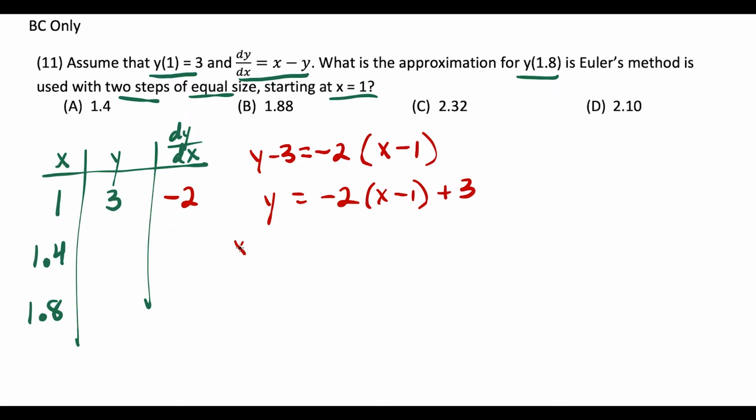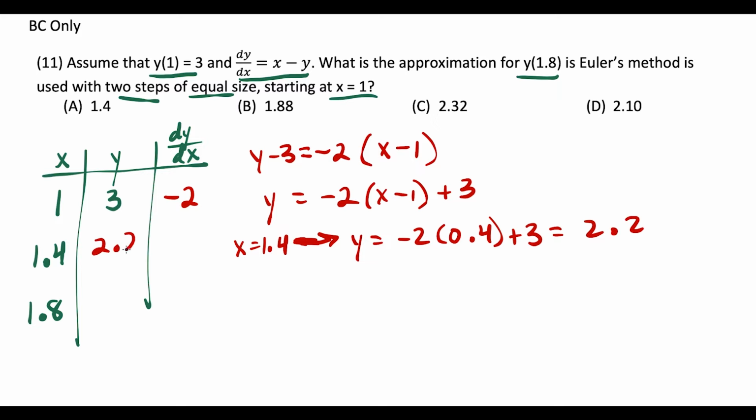So when we plug in x equals 1.4, I'll just draw an arrow here, y is equal to negative 2 times, 1.4 minus 1, that's 0.4, and then plus 3. If we simplify this, it's going to give us negative 0.8 plus 3, which gives us 2.2. So that's going to go in this y column here.